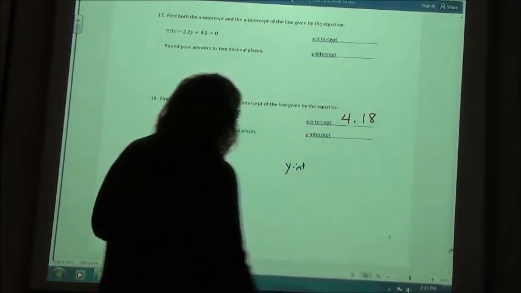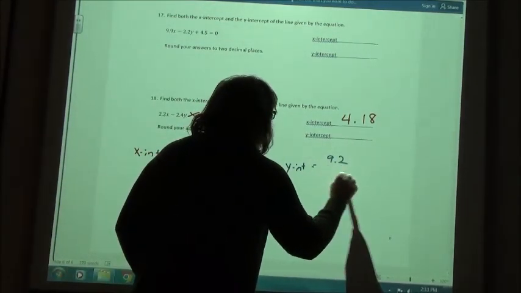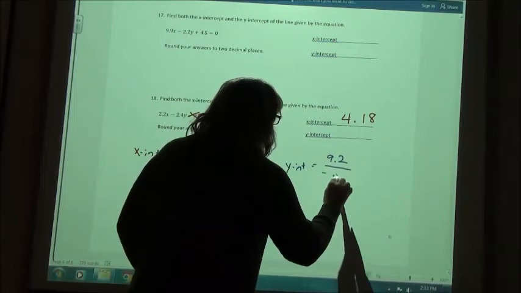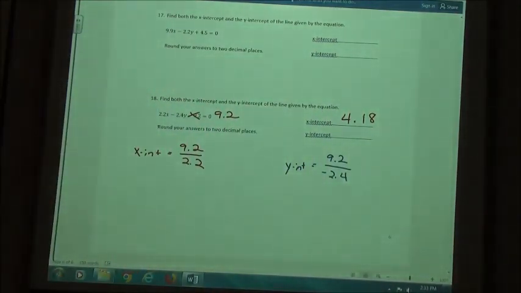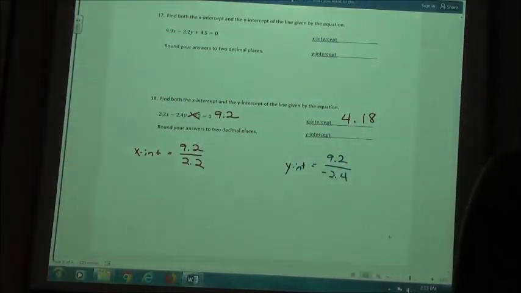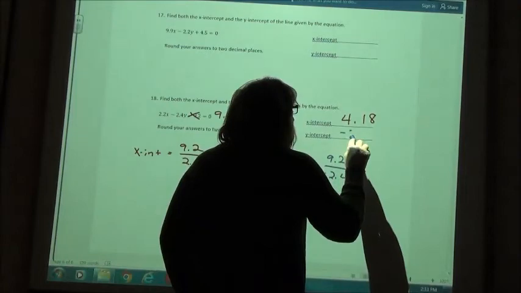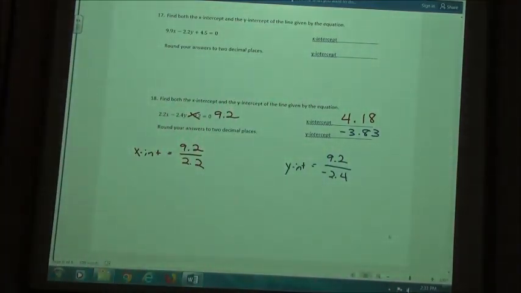On the second part of that, for your y-intercept, you're going to have your 9.2 divided by the negative 2.4, which was in front of our y, and our answer then was negative 3.83.